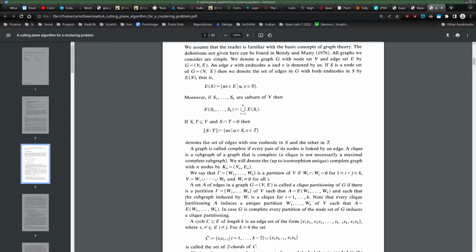Note that every clique partitioning A induces a unique partitioning gamma of W's of V such that A equals the union of the edges.